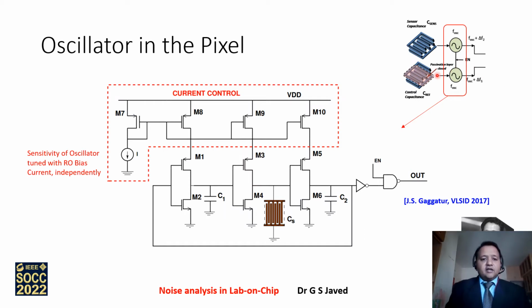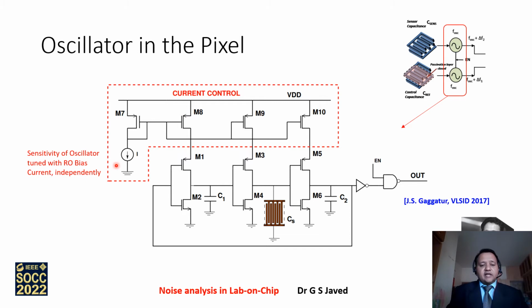Going further, let us look into how the architecture of the oscillator in the pixel is designed. We will place emphasis on two aspects. One, the current bias control, which will control the sensitivity of the system. Second, the amount of capacitance loading that you have. This is a three-stage ring oscillator having equal capacitive loads C1, CS and C2 at each of the inverter nodes, and each of these inverter cells or delay cells is controlled using the bias here.